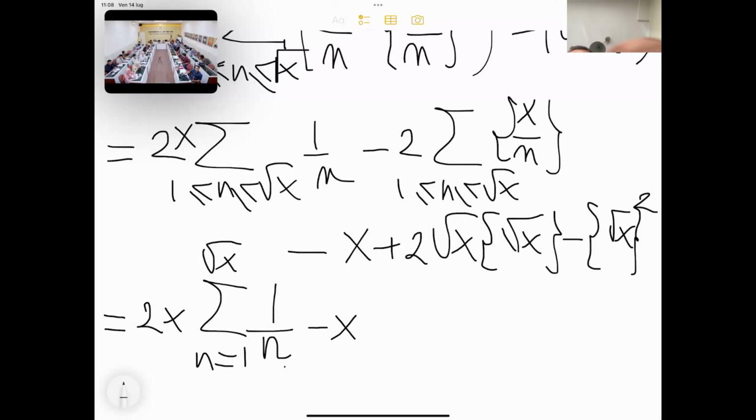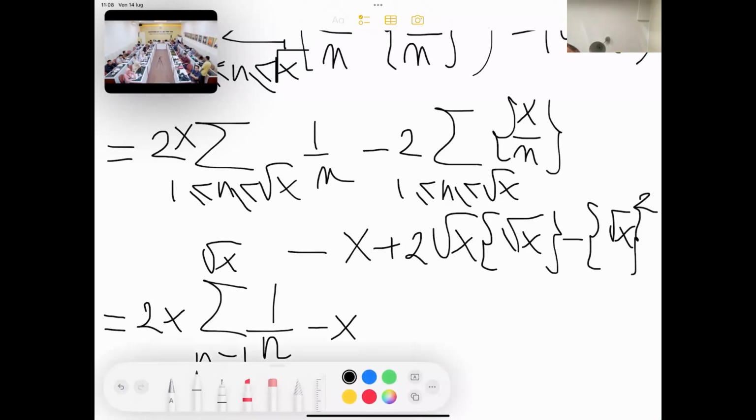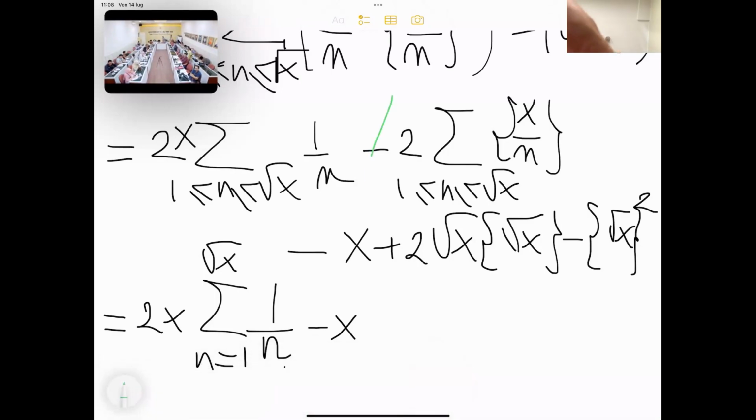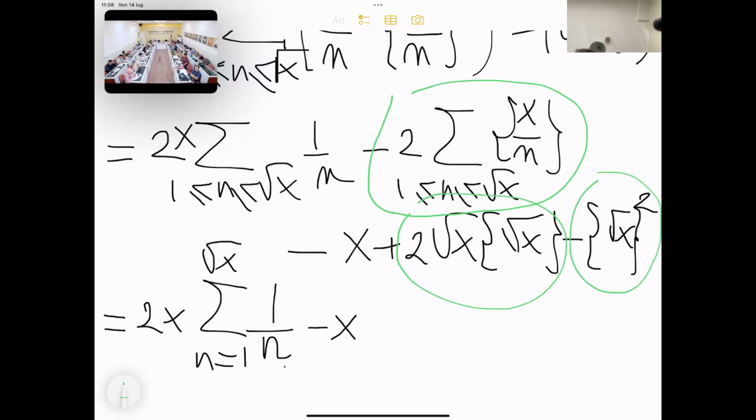And then let's look at these leftovers. Okay, so I have this bit here, I have this bit here, and I have this bit here, right? So remember that the fractional part of a number is always smaller than 1. So each argument of the first sum is smaller than 1. And the number of terms on the first sum is square root of x.